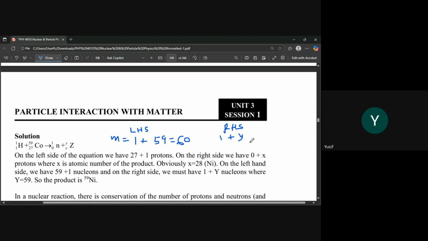As we said, when you are balancing this reaction, conservation of nucleons always applies. So the nucleons here must be the same as the ones at the left-hand side. Since we know that the left-hand side is 60, it means 1 plus Y must be equal to the 60 that we have at the left-hand side.